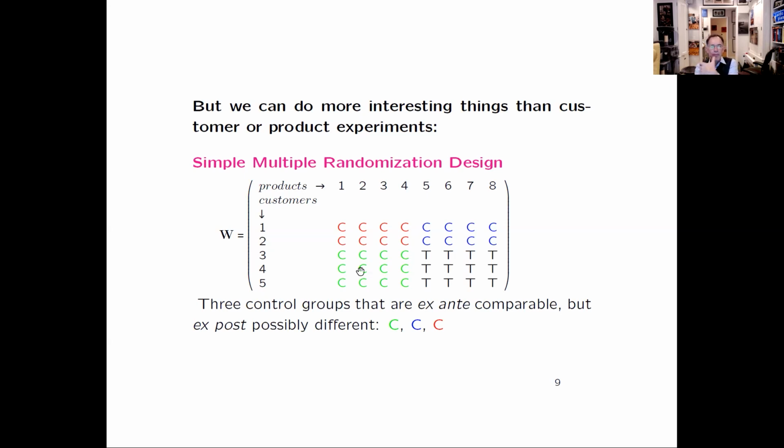And similarly, for the red and blue control groups, we might see systematic differences coming from spillovers within products for different customers.